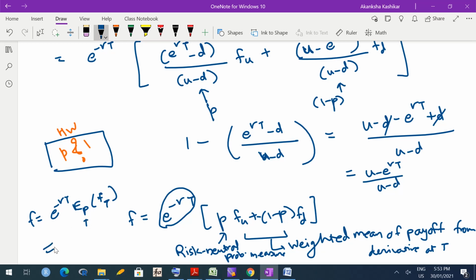And this is not the same as e raised to minus rT times E_Q of F_T. So this is the discounted value of expected payoff under the risk neutral measure. There is some more theory associated with this, so we will study that in the next lecture. Meanwhile, try to prove that p is less than 1.